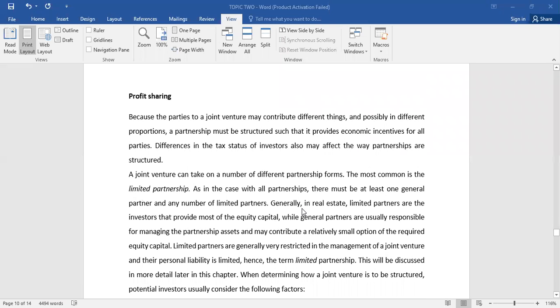Now, in the profit sharing, because the parties to a joint venture contribute different things, and possibly in different proportions, a partnership must be structured such that it provides economic incentives for all the parties. Without the economic incentives, I'm telling you there will be a lot of drawbacks even when you joint venture.